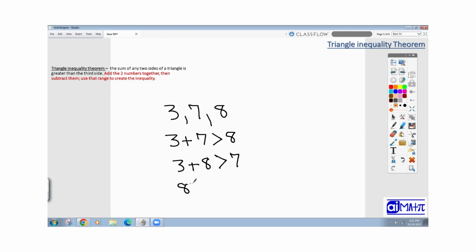And then I would say 8 plus 7, which is 15, is greater than 3. So the answer to this would be yes. This can become a triangle. If I have three side lengths and they are 3, 7, and 8, then yes, this would work.